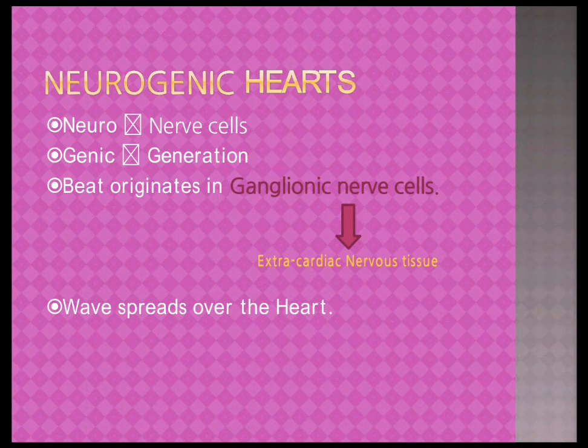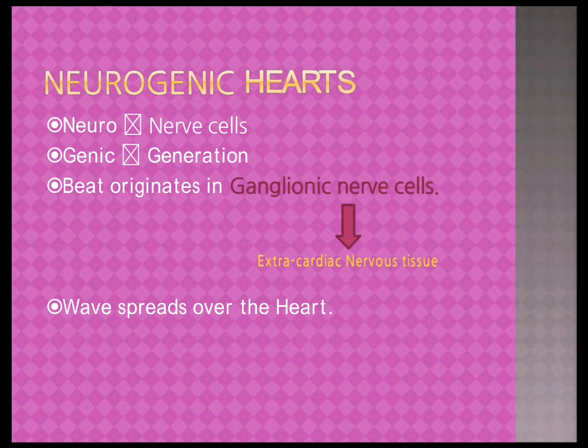And if they are long, they should have some extracardiac nervous tissue which is controlling the contractions of that particular heart. Suppose there is a tube-like heart and it has to contract from the hind end towards the anterior end, and this heart is pumping the blood towards the head side.